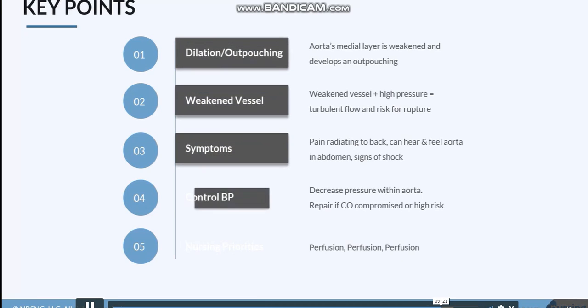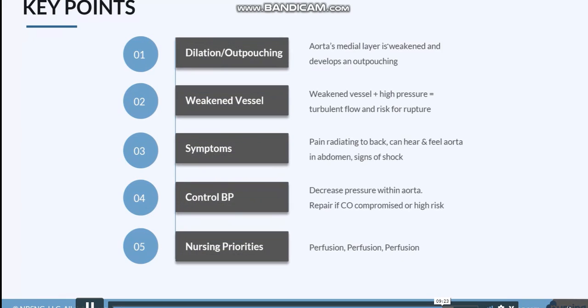So let's recap. An aortic aneurysm is a dilation or outpouching of the aorta because of a weakened medial layer and high pressure. That weakened vessel plus high pressure gives you that turbulent flow and that high risk for rupture. The classic symptoms are pain that radiates to the back. You'll be able to hear and feel the aorta pulsating in the abdomen.